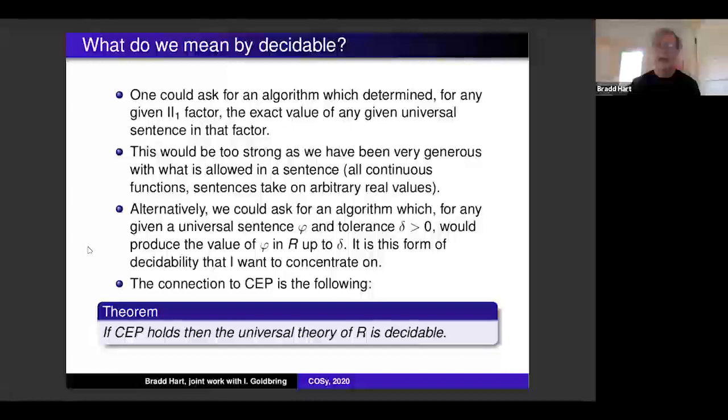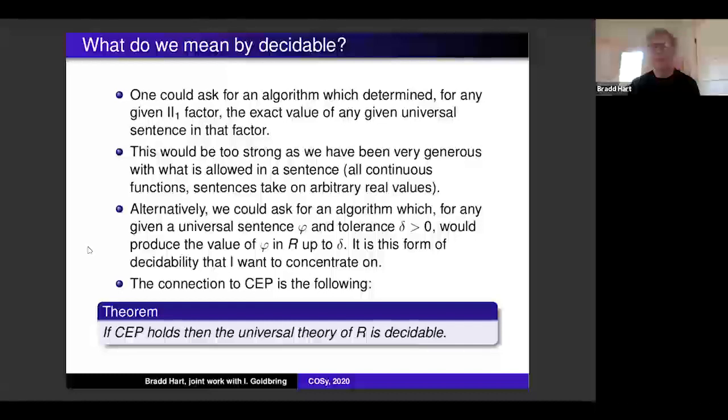Okay, and this is maybe one of the easiest theorems in the paper, but we didn't, of course it would have been great if we could have resolved CEP at that point, but that maybe was asking too much.